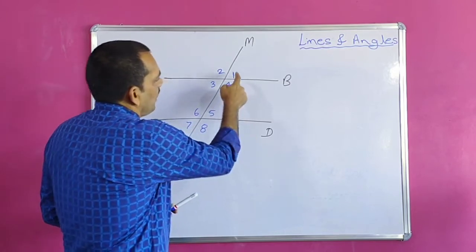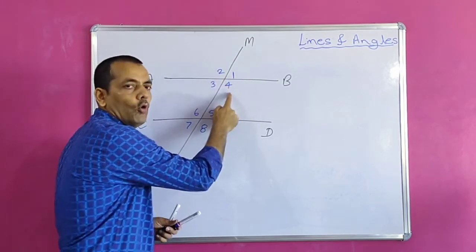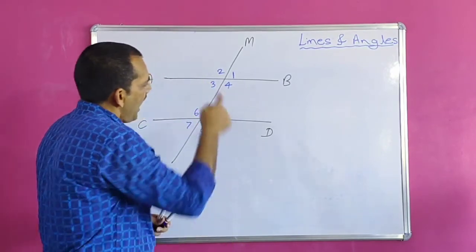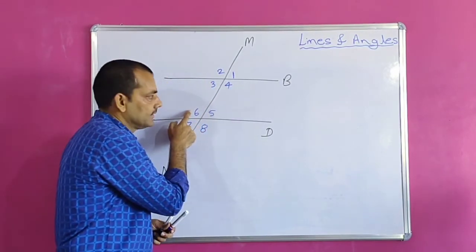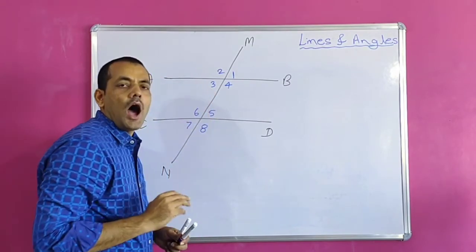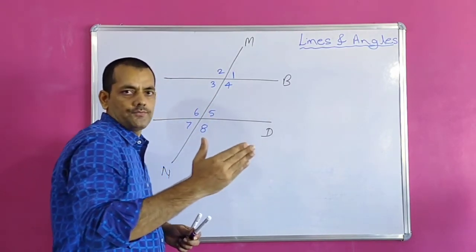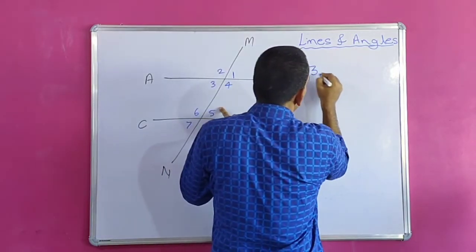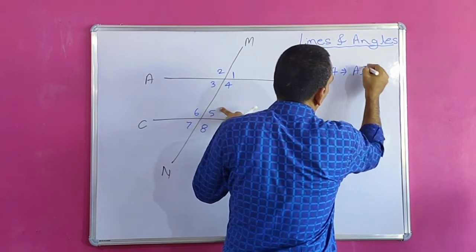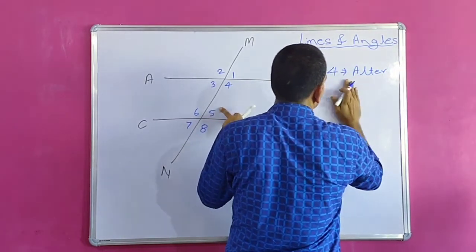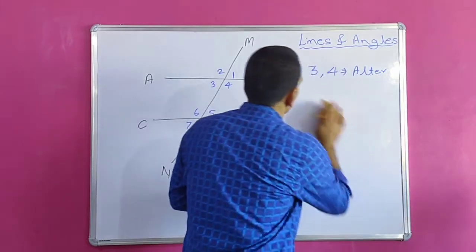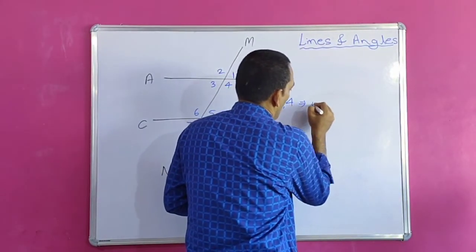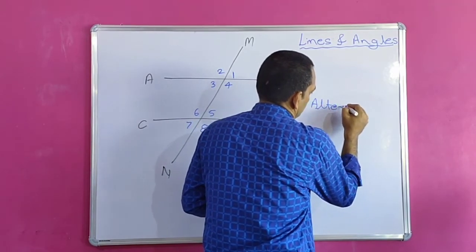In this, 1 and 3, 2 and 4 are vertically opposite angles. Angles 4 and 6, 5 and 3 are alternate angles.